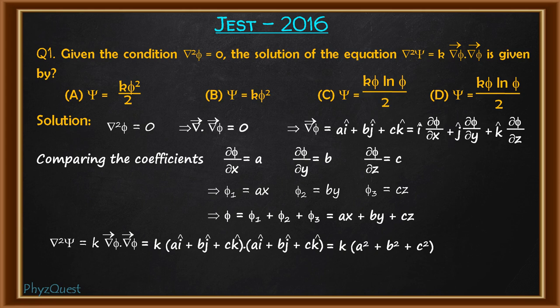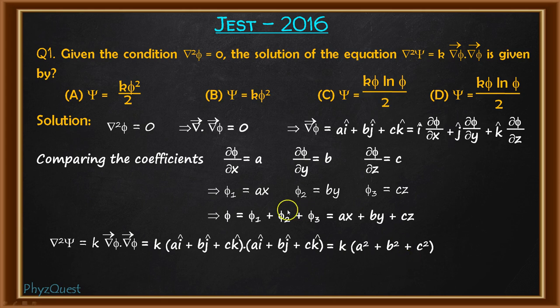So from this we can say that psi should be a function of phi square, because phi has x, y, z terms and psi has x square, y square, z square terms. That means a square term is involved between psi and phi. Psi is a function of phi square.